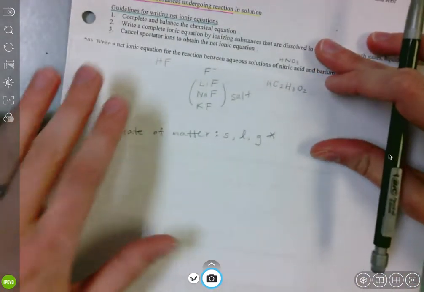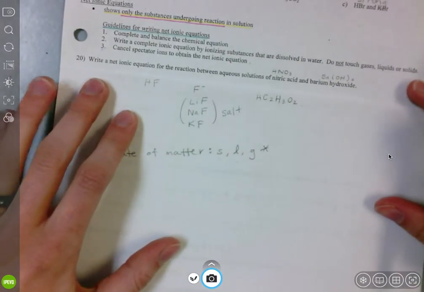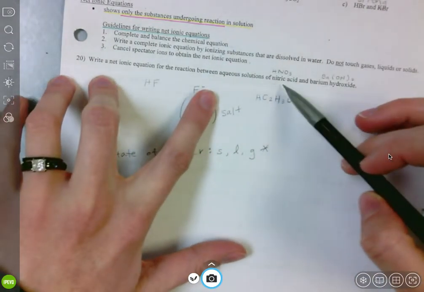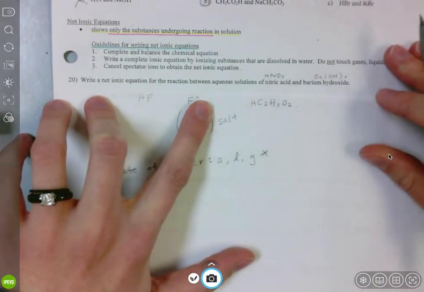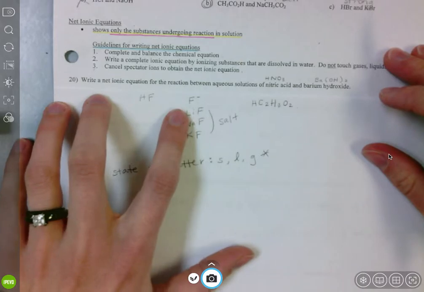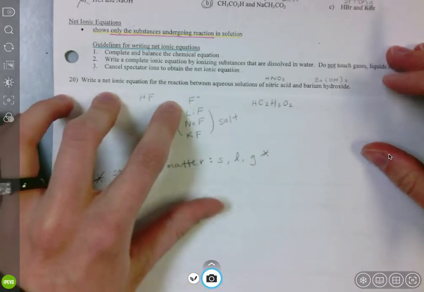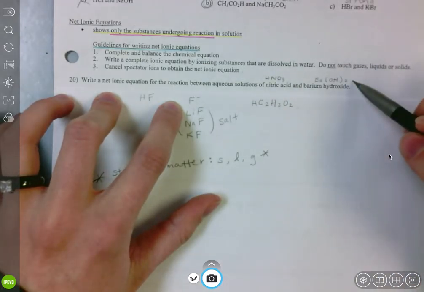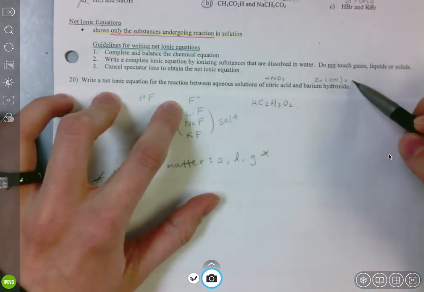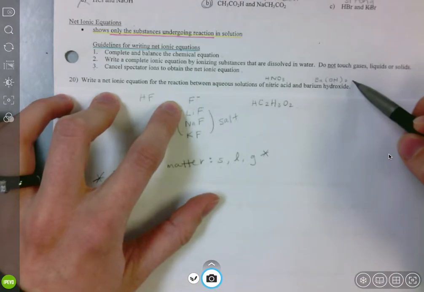So let's look at number 20. We're writing the net ionic equation for the reaction between aqueous solutions of nitric acid and barium hydroxide. In this problem, we are just given the names of the reactants. So I've already written out their molecular formulas from their names.